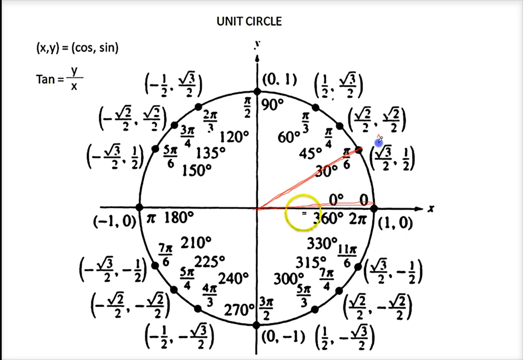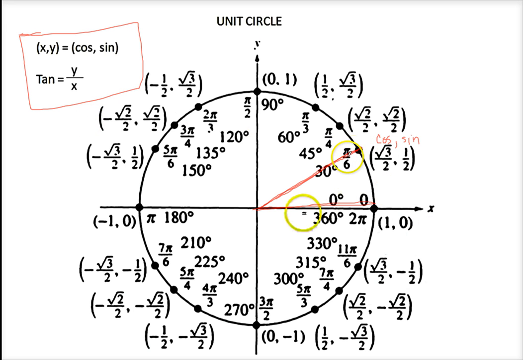This is supposed to be cosine, right? Our x value of our point is cosine, the y value is our sine. Here are the keys you want to remember when working on the unit circle. It's the point x, y, the cosine is the x value, the sine is the y value. To find tangent, we take y over x.